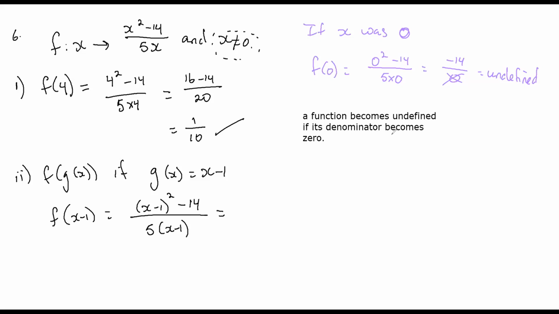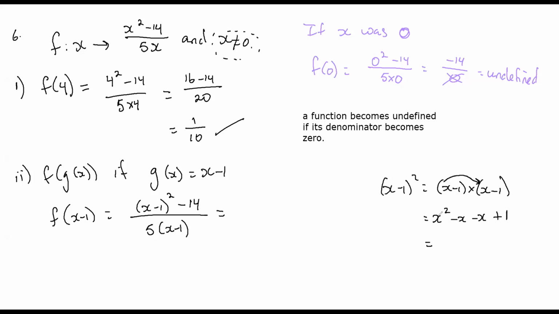So we have to do x minus 1 squared. Remember, x minus 1 squared means x minus 1 times x minus 1. So it will be x squared minus x minus x plus 1. And why is that? Because each term must multiply each term in the next bracket.